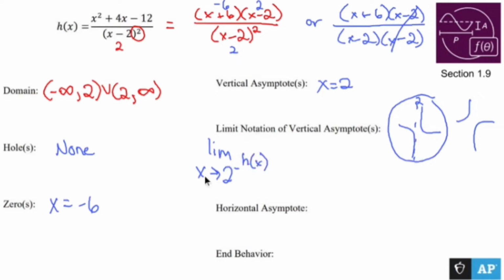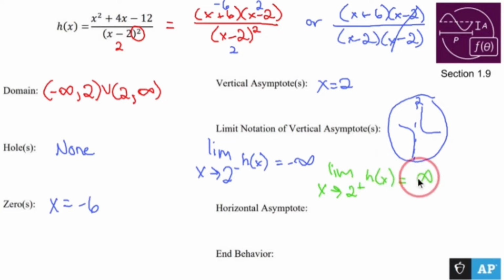So my limit as I approach 2 from the left has me going down here, which means negative infinity. Okay, let me scooch this out of the way because I don't need it anymore. My limit as I approach 2 from the right side, which means I'm coming this way, is going to be positive infinity. So h of x equals positive infinity.